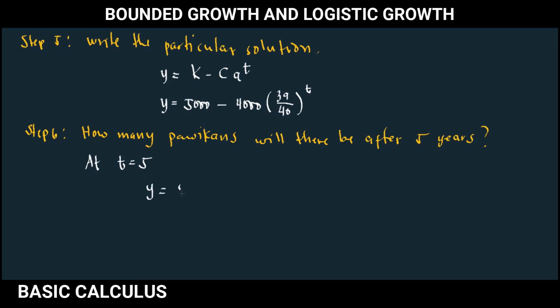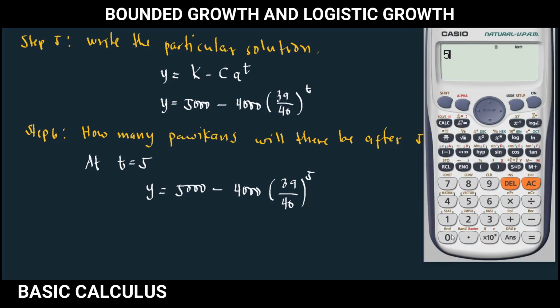y is equal to 5,000 minus 4,000 times 39 over 40, then raised to 5. Then using our calculator, we have 5,000 minus 4,000 times 39 over 40 raised to the power of 5.